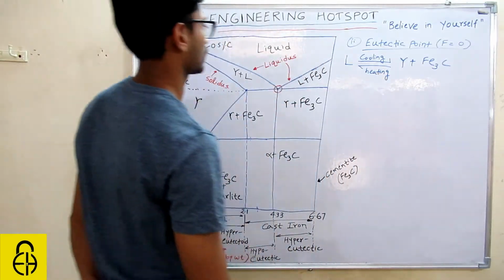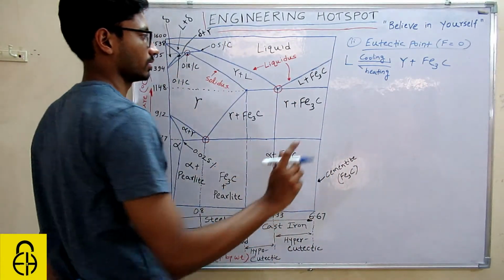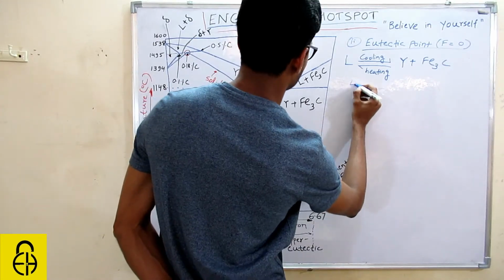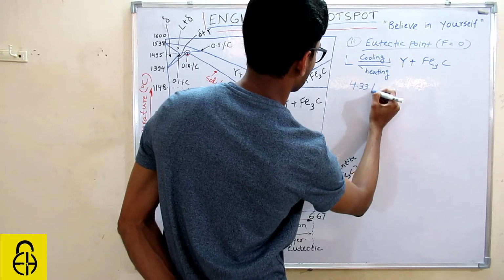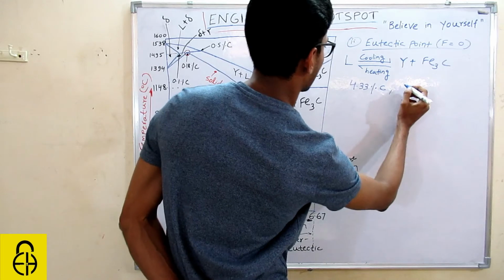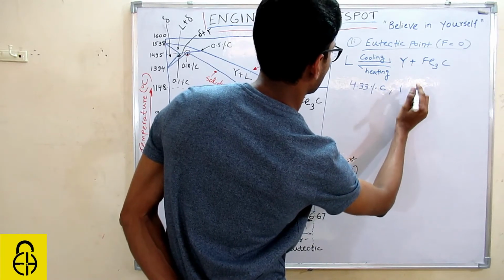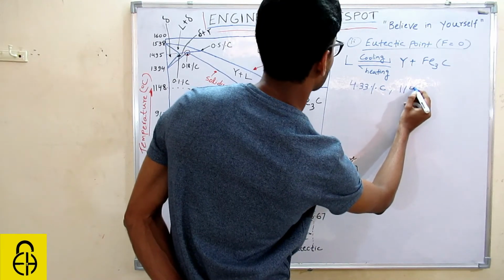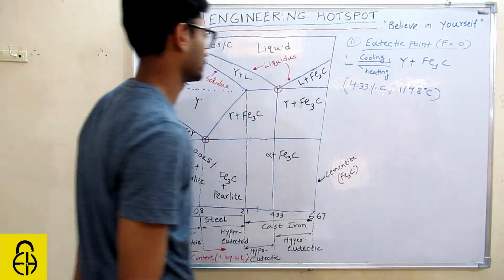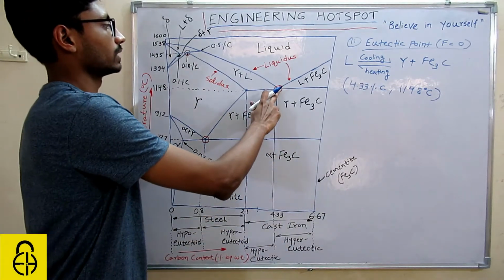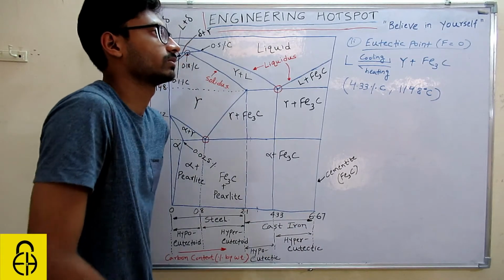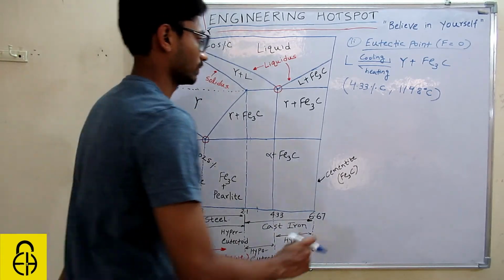But this reaction is achieved only at a certain point, that is at 4.33% carbon and 1148 degrees Celsius. At this point you will get the eutectic point, and this is also an invariant reaction. Invariant point means degree of freedom is 0.